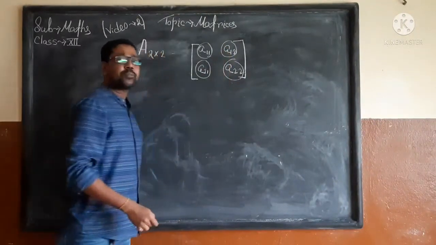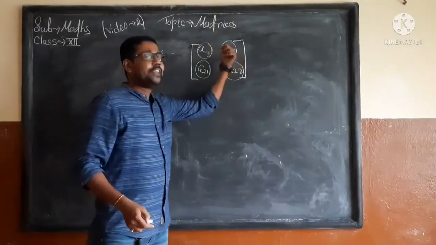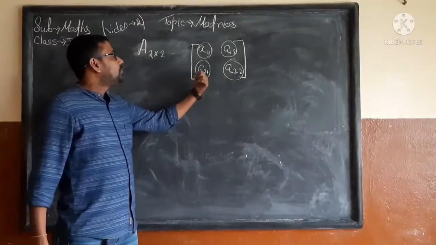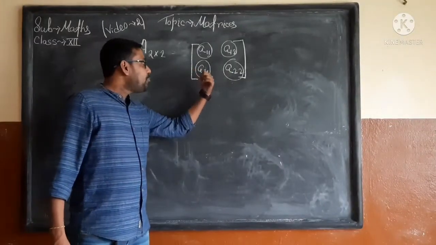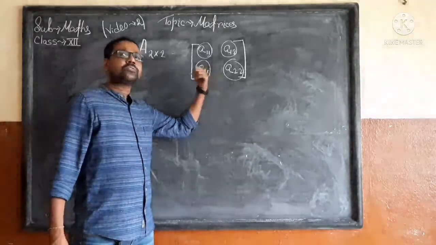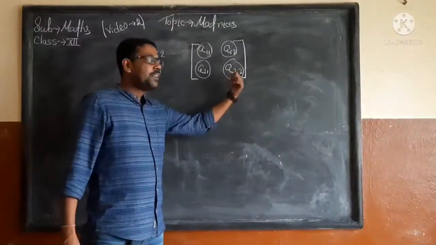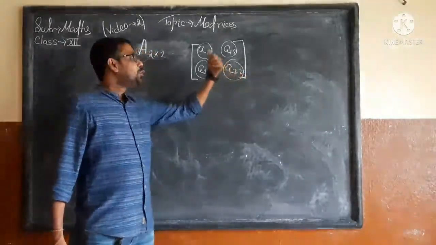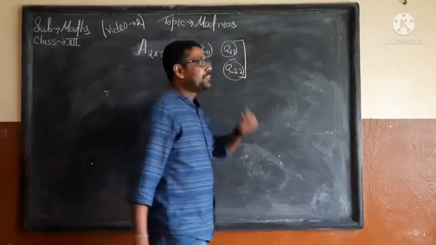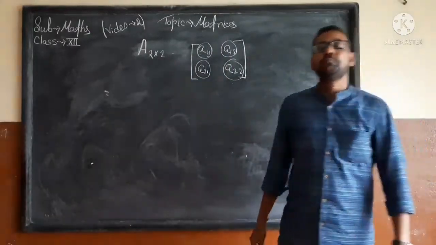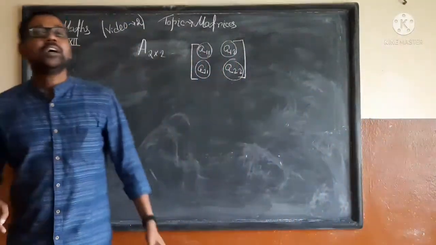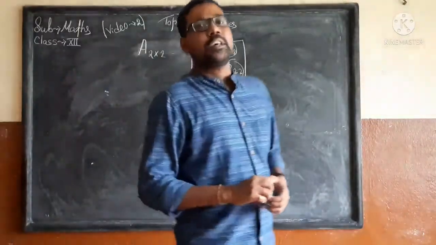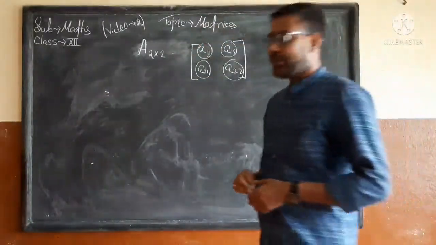Similarly, this one is present in the first row and the second column. This one, second row, first column, and this one, second row, second column. So all these representations depend on the position of each and every element.